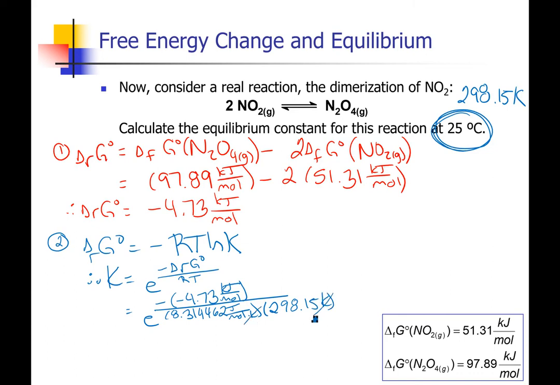The kelvins cancel, the per moles cancel, and we need our joules and our kilojoules to cancel because we can't be left with the units in an exponent. That would just be a mess. So we need to include a conversion factor to convert the kilojoules into joules. And then our kilojoules cancel, and then our joules cancel. And when we throw all of that into a calculator, we get an equilibrium constant of 6.74.